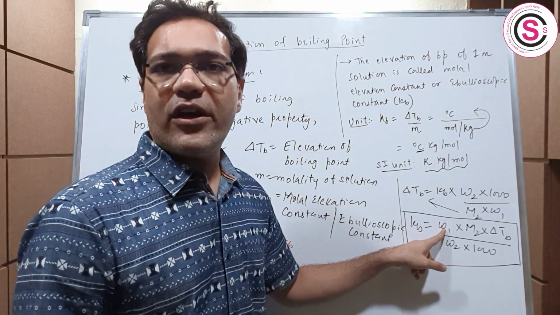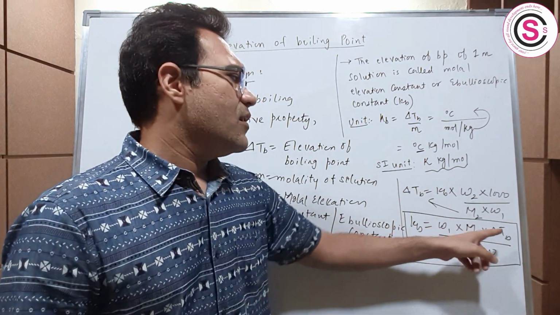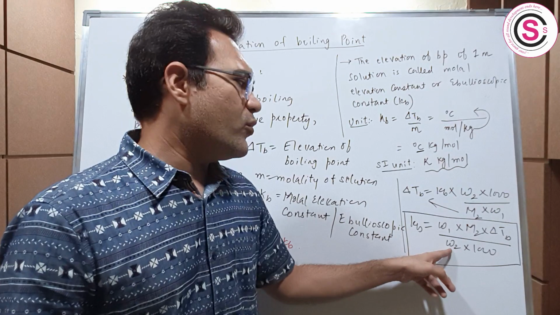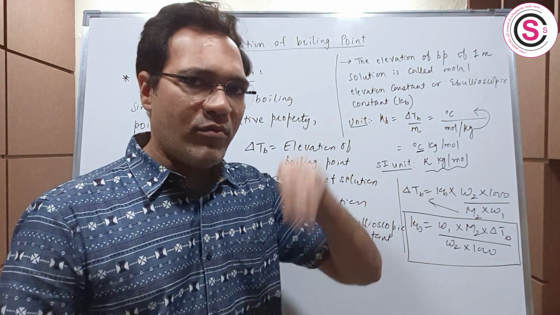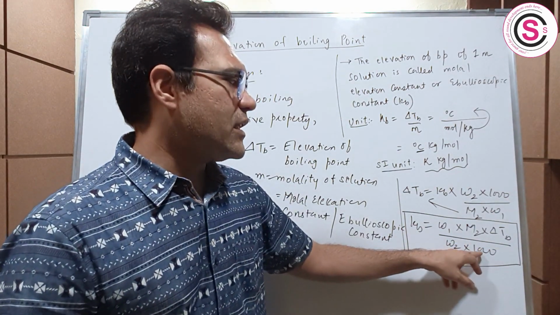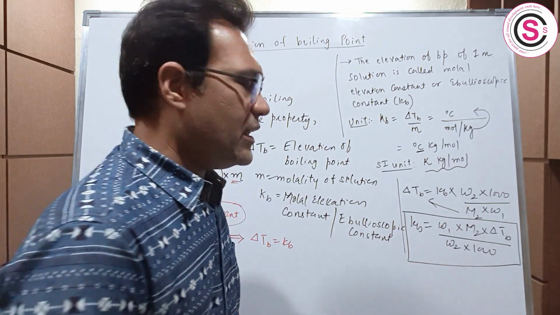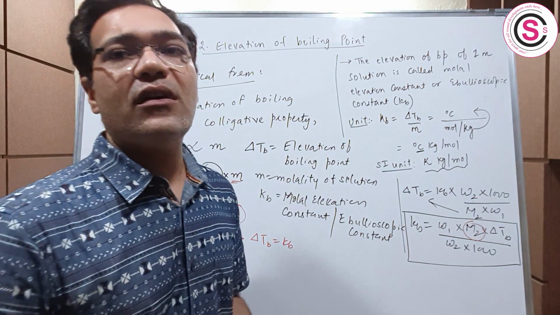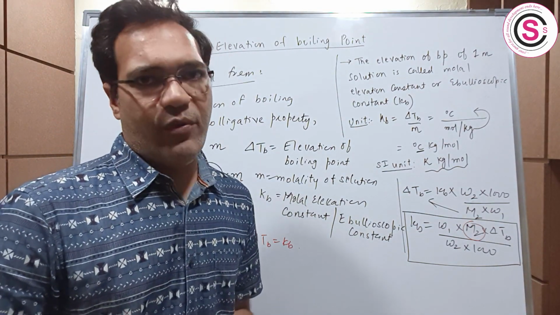W1, the weight of solvent, will be given. Elevation of boiling point, we can find out practically. W2 is the weight of solute. We know how much solute we have added. 1000 is constant. So if we know all the parameters, then we can find out M2, the molecular mass of the solute, from this equation, right?